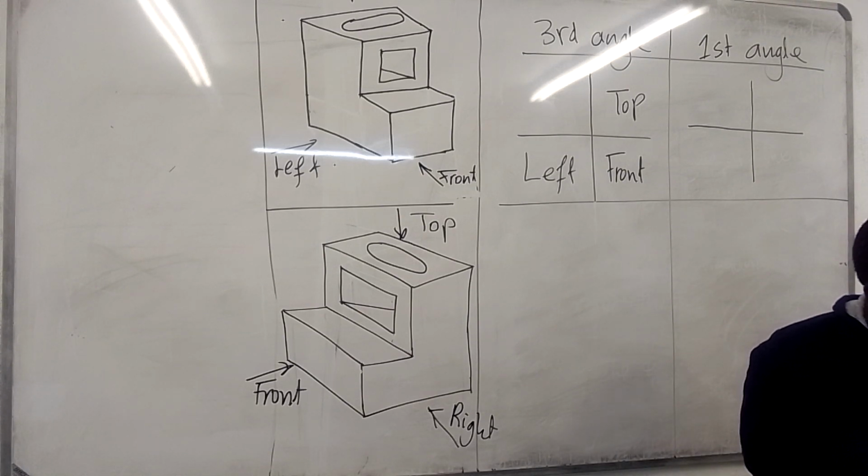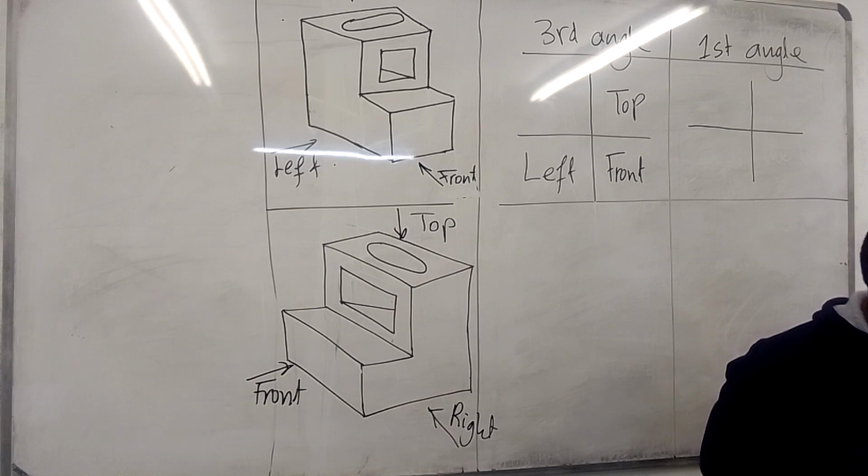What are you going to do with the views in first angle projection? We are going to swap them. How? I've written the top at the bottom, and the front comes to the right and the right comes to the left. But what did I say? How do you swap? In the diagonal direction.